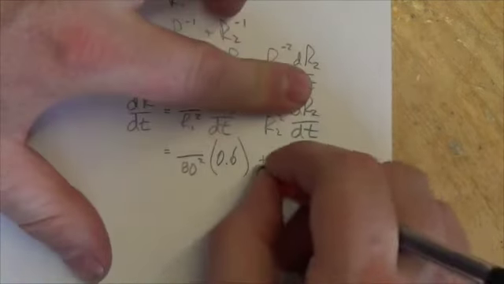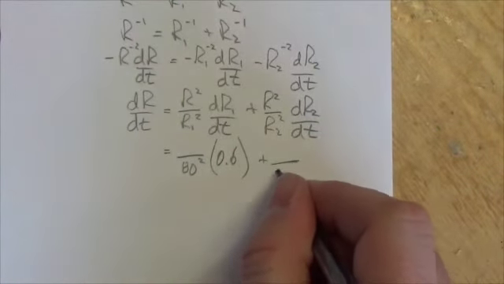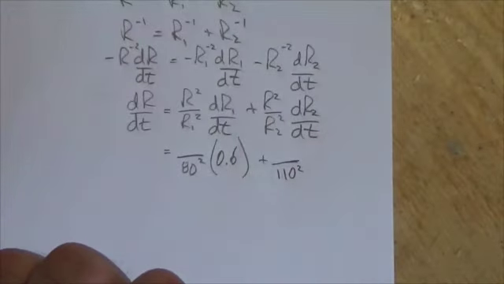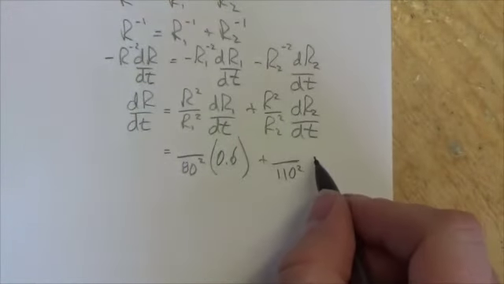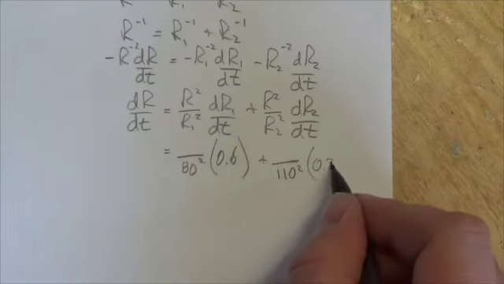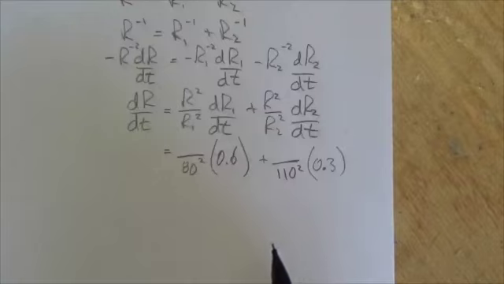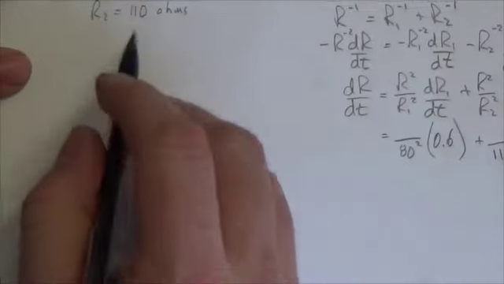I know that R2 is going to be 110 ohms. Again, I don't know the overall resistance. And dR2 by dt is going to be 0.3. So I've got to figure out what the overall resistance is at this particular instant.